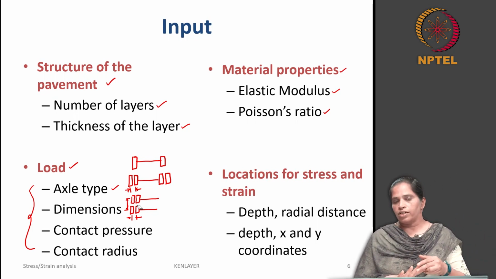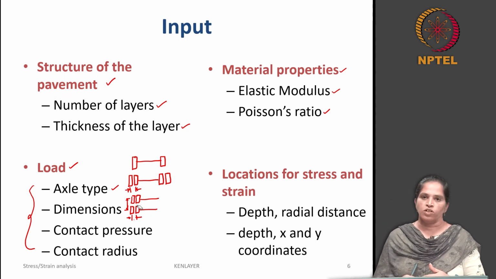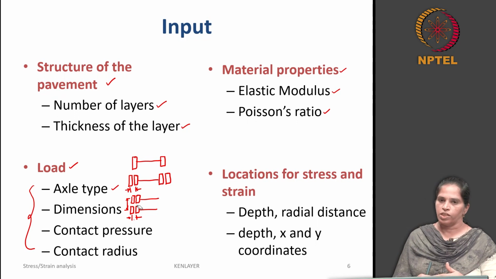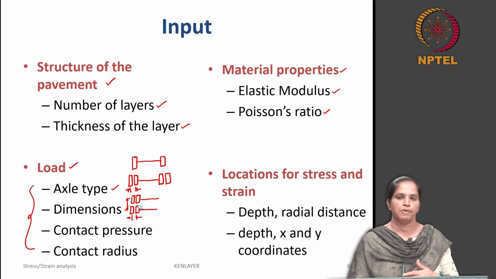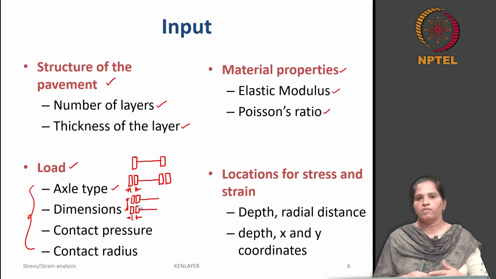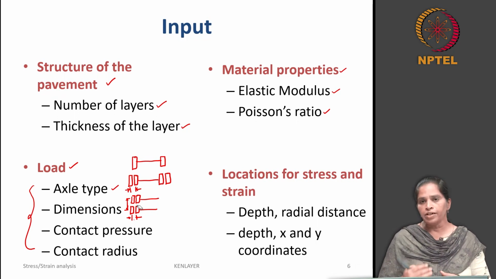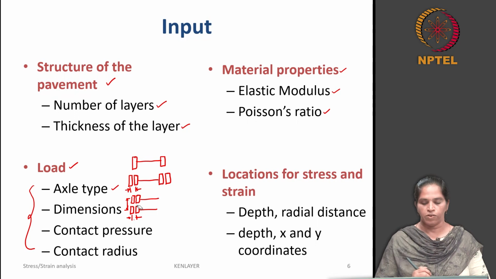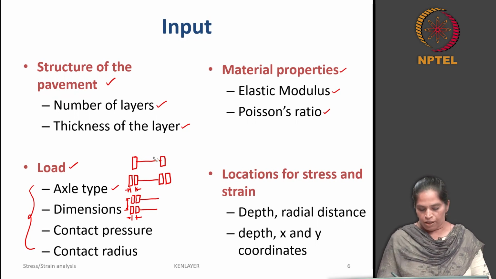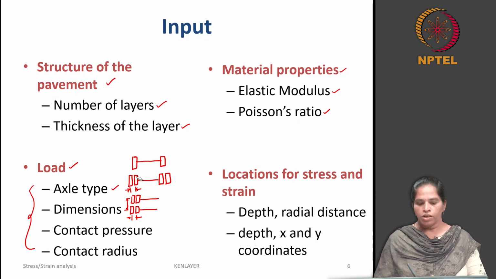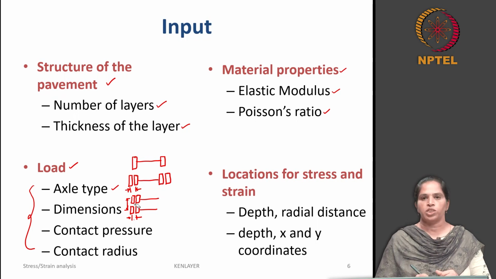For determining stresses and strain, you can use any of these load configurations, because all these loads are common in a pavement. You can use any of these loads as required and determine stresses and strains at the critical locations. You need to decide what type of axial we are going to use, and you need to define the dimensions here.